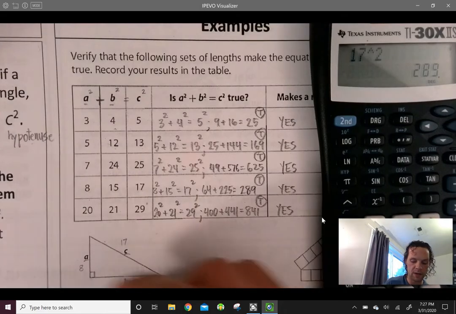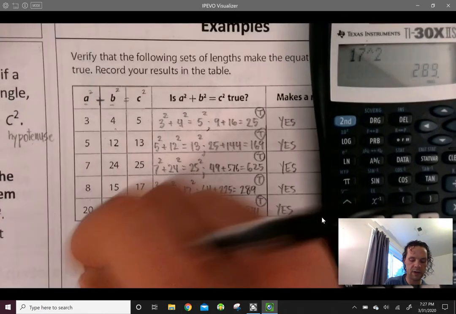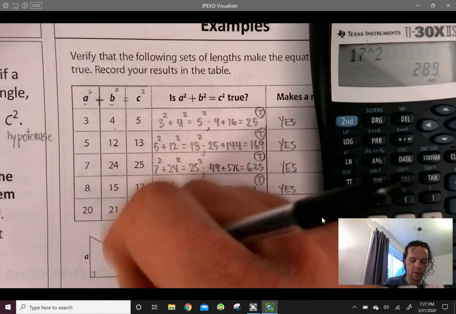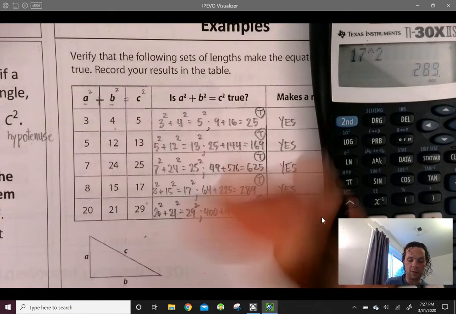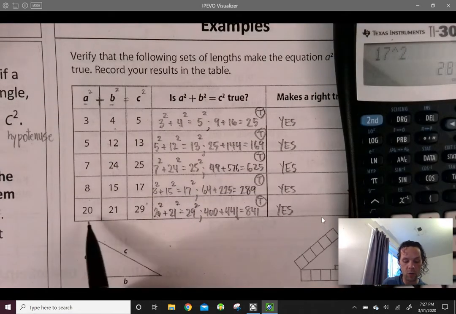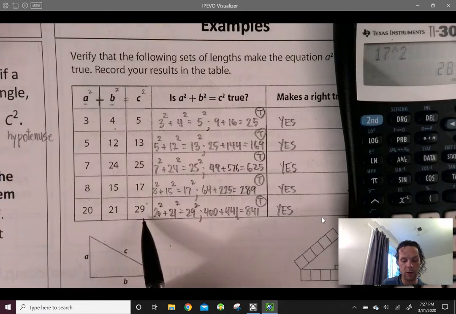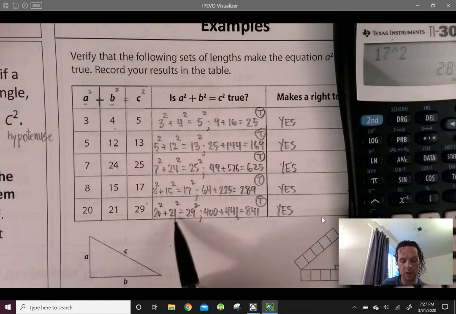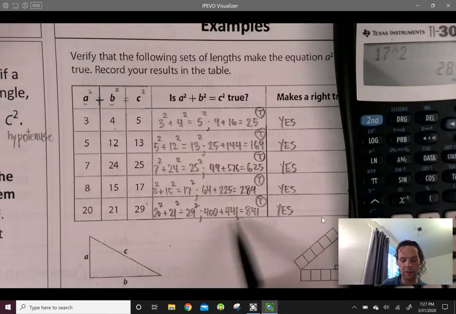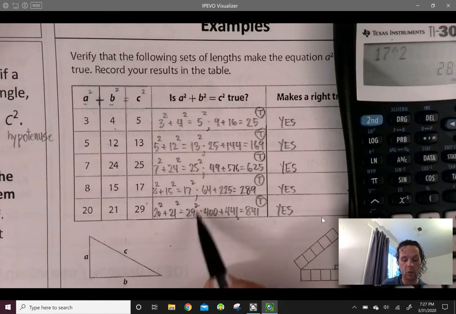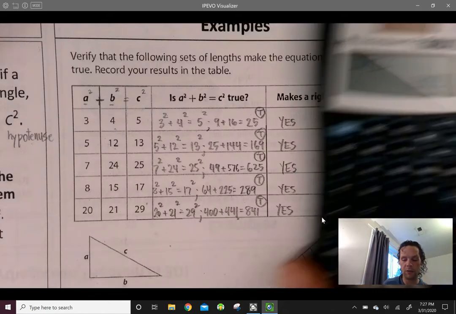Okay, just a little example using that diagram at the bottom. And the last one in the table there is 20, 21, and 29. Legs are 20 and 21. Square those values and add them together. You get 841, and if you square 29, you get 841, right?